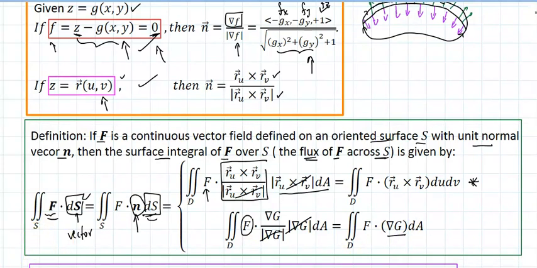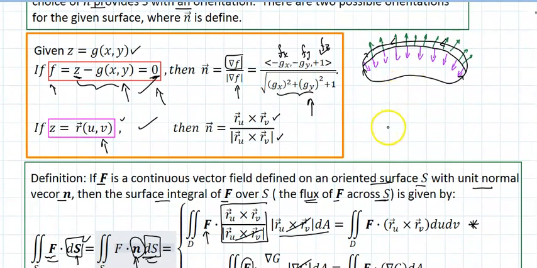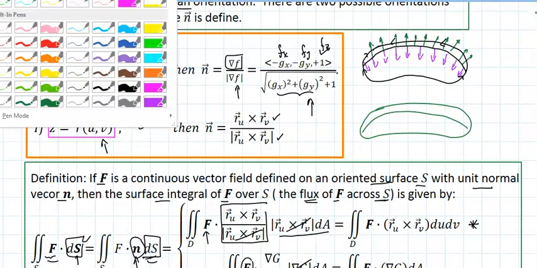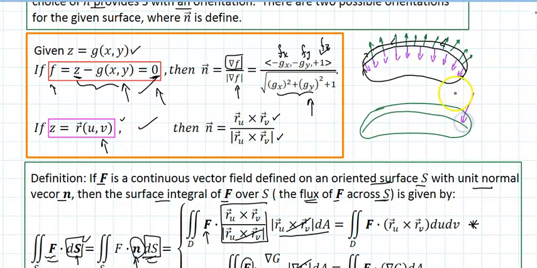Now let me elaborate on this a bit. If I'm measuring, I have a surface, and I'm measuring solar. I have a solar panel, and I'm measuring sun rays. I'm trying to figure out how much that solar panel is going to absorb. Well, it does make a difference whether the vector is perpendicular or the vector is coming at an angle.